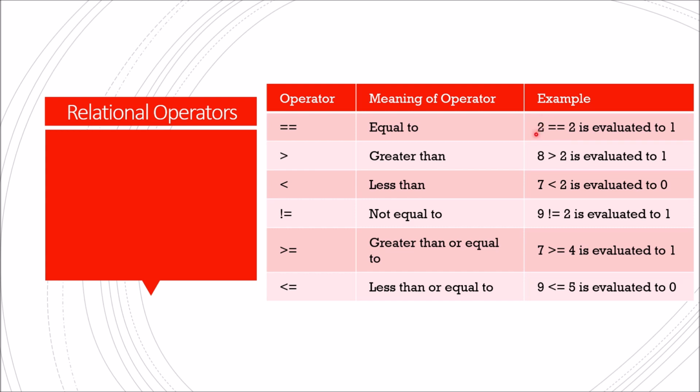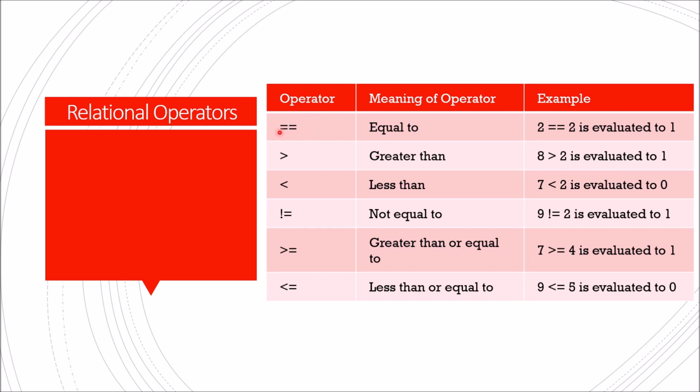It says 2 is equal to 2. In C language, we use a double equal sign to mean equal to. In other cases, when we only use the equal sign just once, it's because we are loading one value into another data.